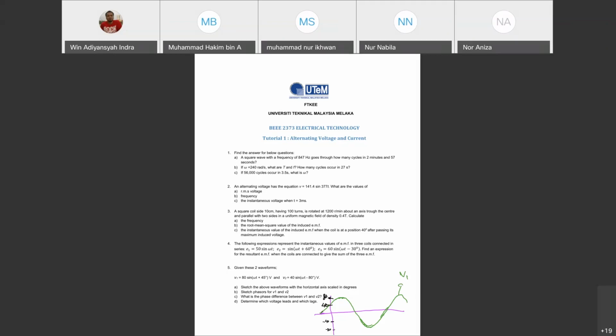V2 amplitude maximum is 40, and the phase is lagged by 80. The maximum is 40, the minimum is minus 40.